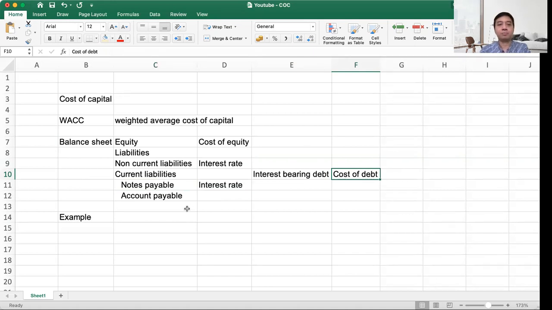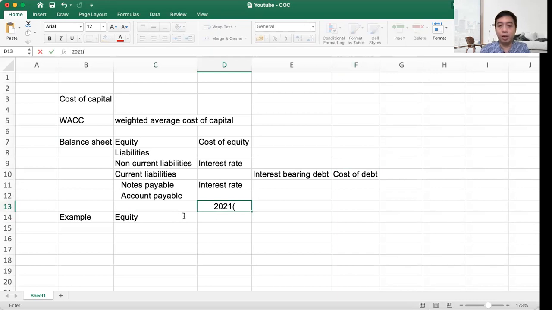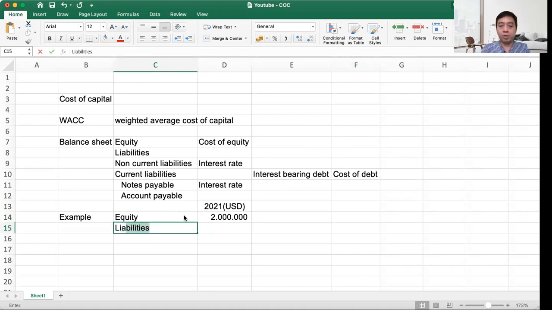Now, let me put a simple example here. For example, a company has equity in 2021 in US dollars. For example, the equity is 2 million. And now we also have the liabilities, and the liabilities would be 1.5 million.